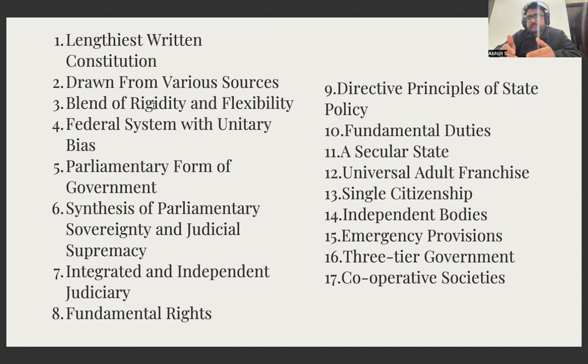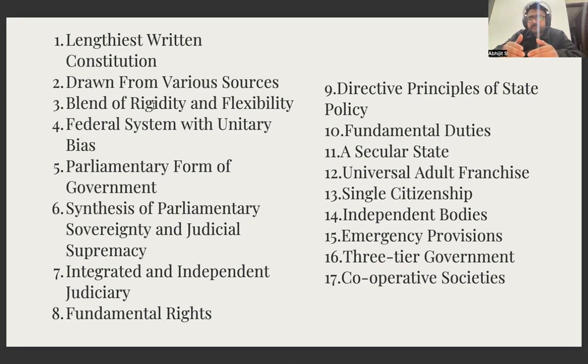Fourth, federal system with a unitary bias, parliamentary form of government, synthesis of parliamentary sovereignty with judicial supremacy, integrated and independent judiciary, fundamental rights, directive principles of state policy, also called DPSPs, fundamental duties, a secular state, universal adult franchise, single citizenship, independent bodies, emergency provisions, three-tier governments, and cooperative societies.